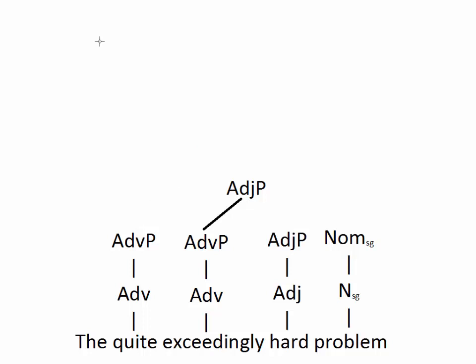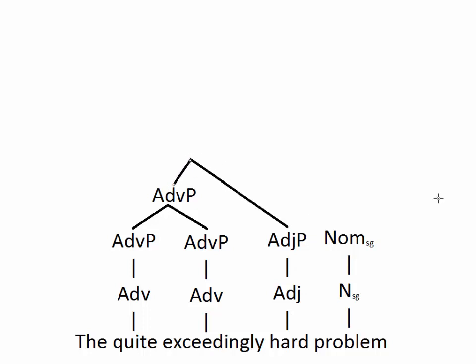So let's take a look at that. We're going to back out of this structure and look at where quite modifies exceedingly. In that case, we'll have quite exceedingly build up and be an adverb phrase first. So it's a bigger adverb phrase. So he did it quite exceedingly. So quite modifies exceedingly. All right, now quite exceedingly is going to modify the adjective hard to make the bigger adjective phrase quite exceedingly hard.